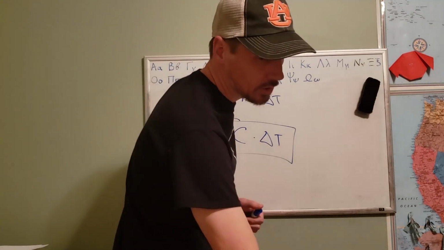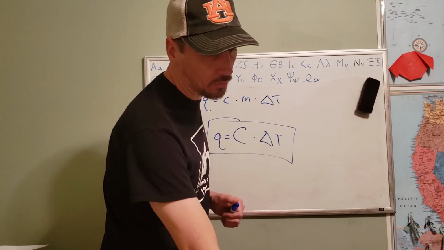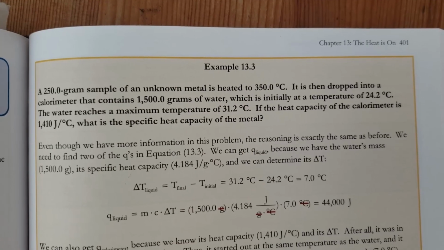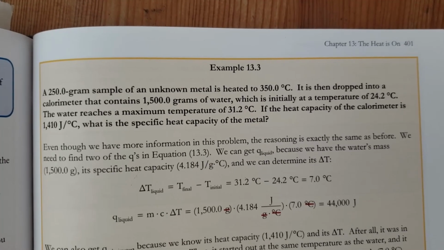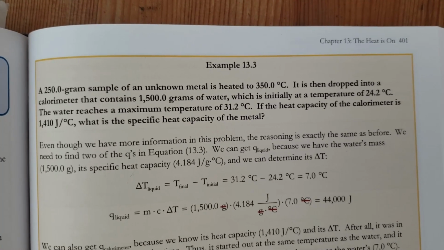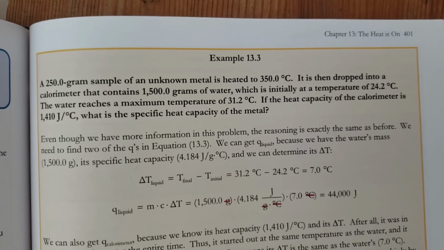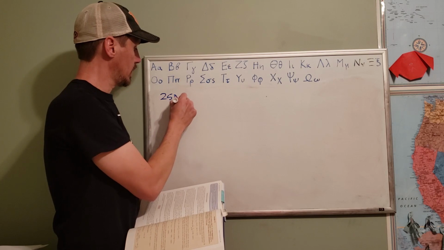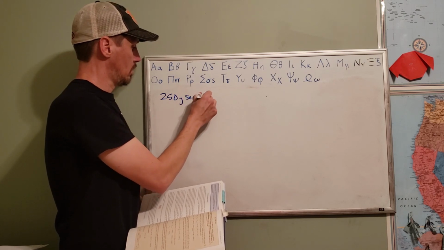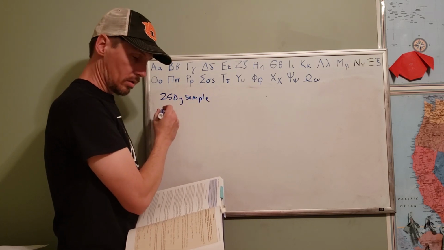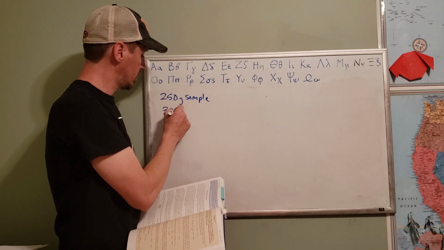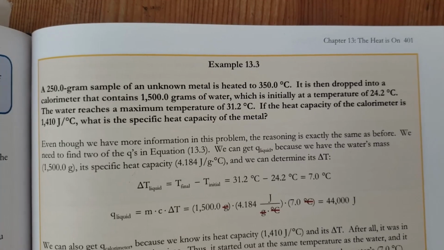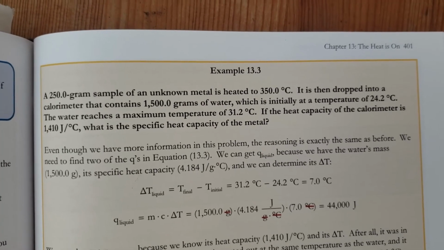So let's go ahead and do an example now on page 401, example 13.3. It says a 250 gram sample of an unknown metal is heated to 350 degrees Celsius. It's then dropped into the calorimeter that contains 1,500 grams of water.